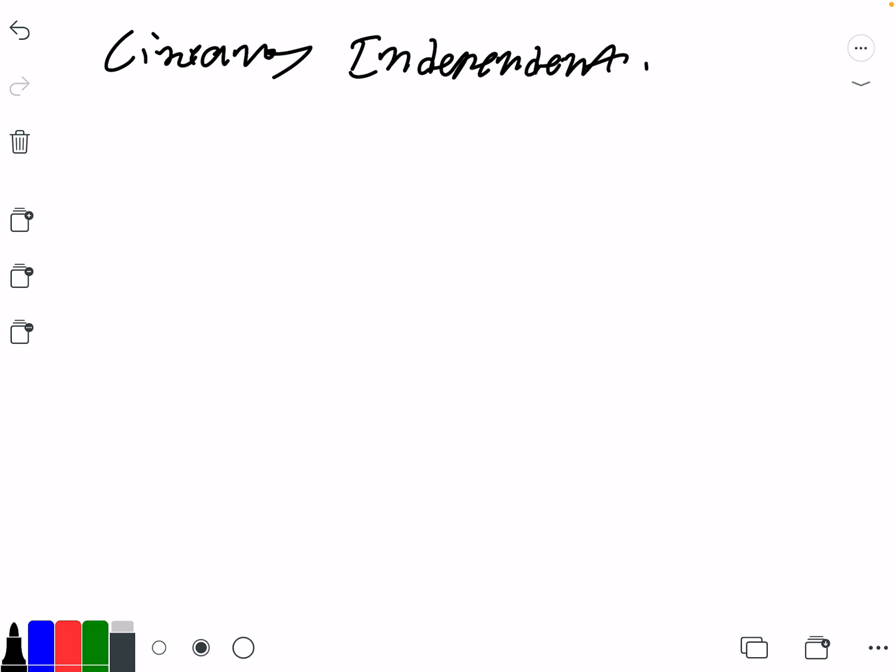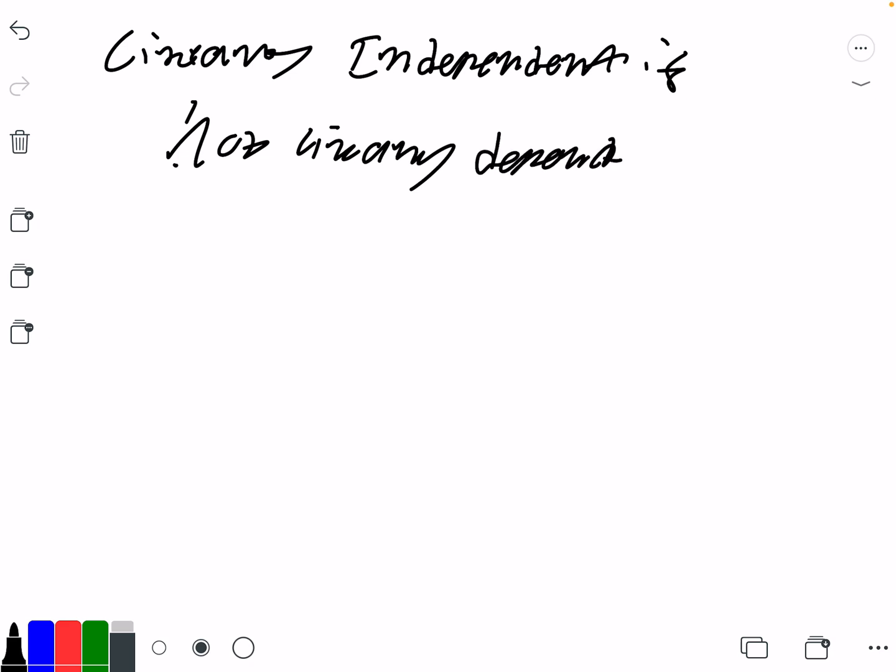So a set is linearly independent if it is not linearly dependent. And the importance of this is what we'll call a basis.